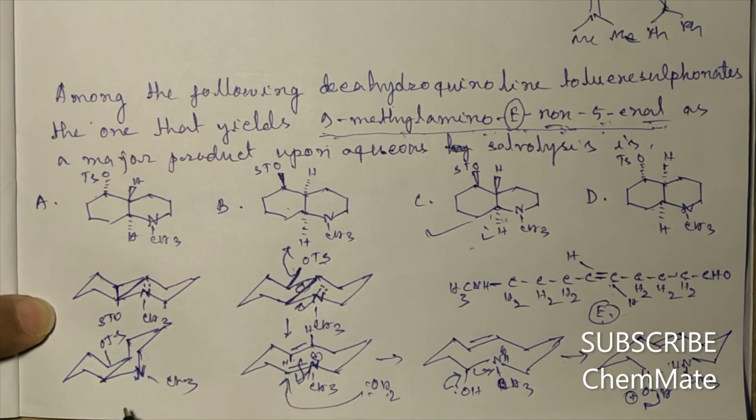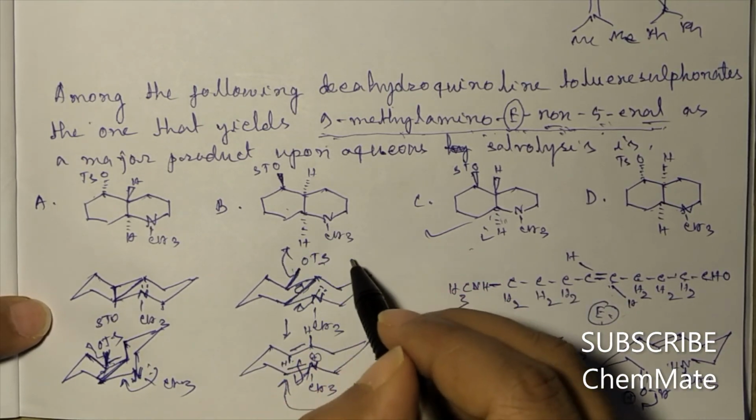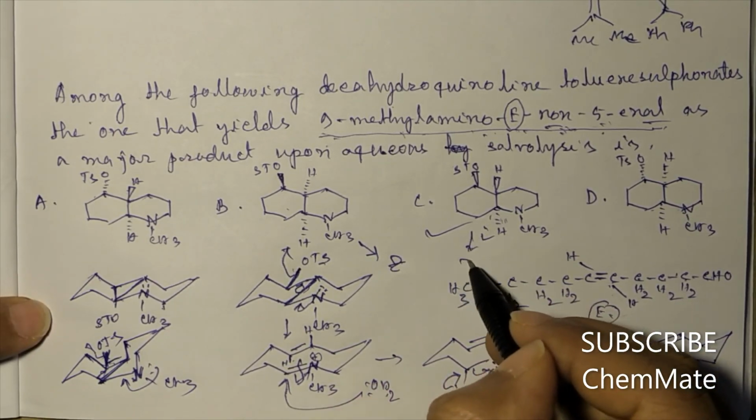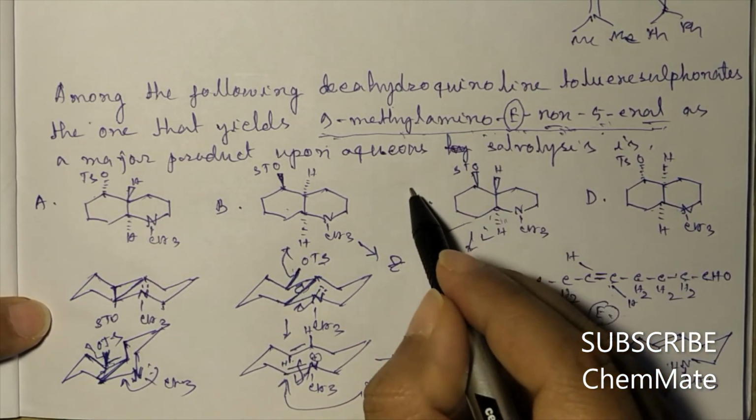Now here also these two bonds are anti-periplanar, so from this compound elimination will take place, but the double bond which will form here will have Z configuration. So from this compound we will get Z, and from this compound we will get E. So our answer will be option C.